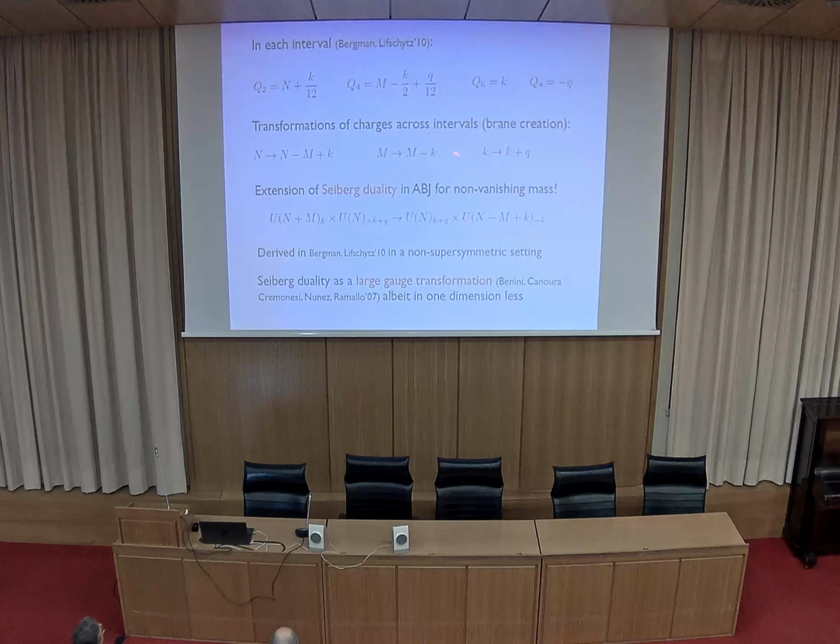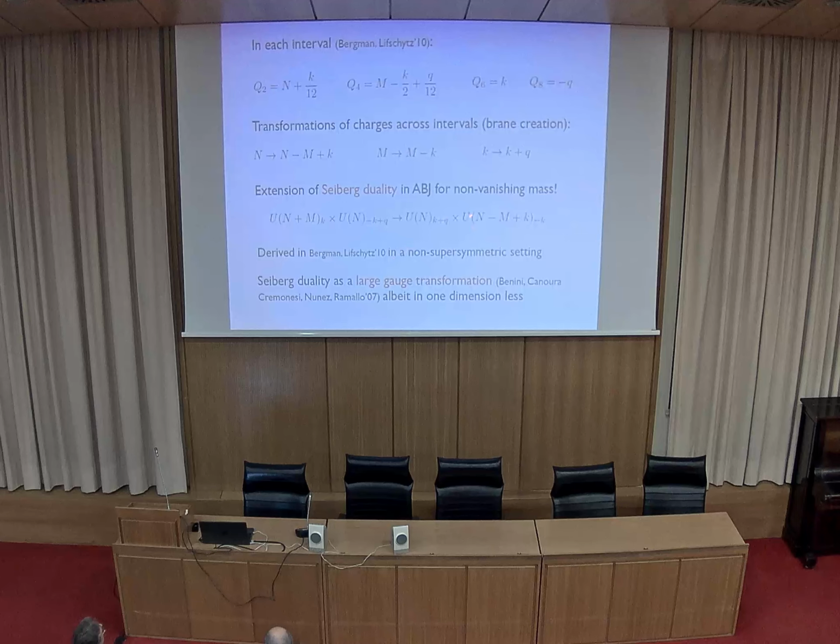Still doing Hanany-Witten moves, they proposed this Chern-Simons matter theory in this way, and these ranks would be related in the IR to this other Chern-Simons matter theory. And this is exactly what we are predicting with this change in the charges across intervals.